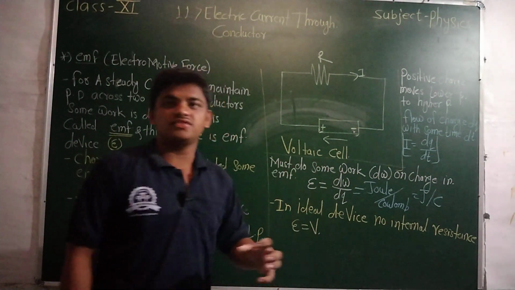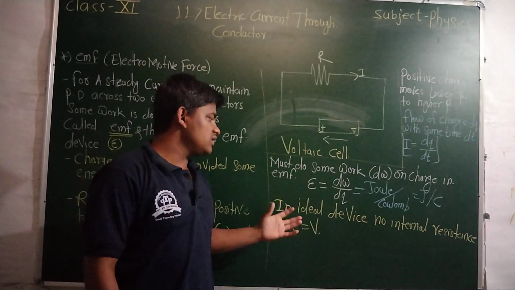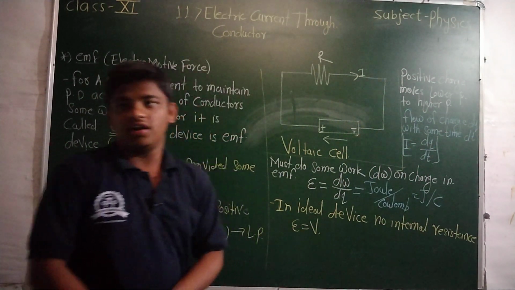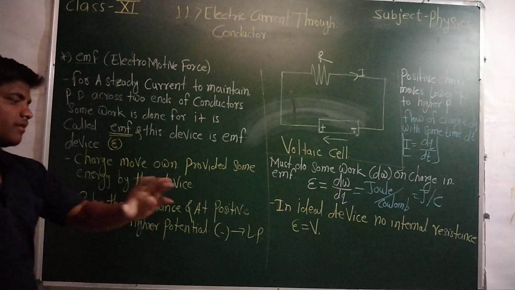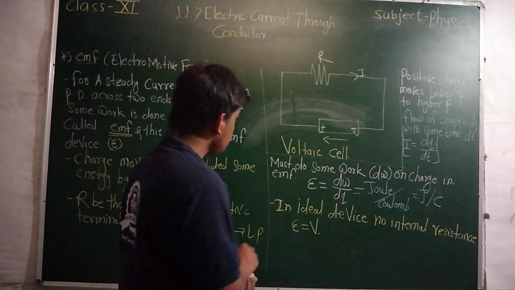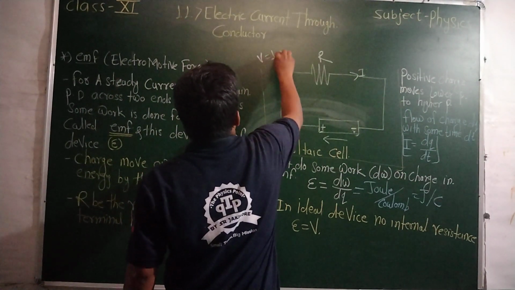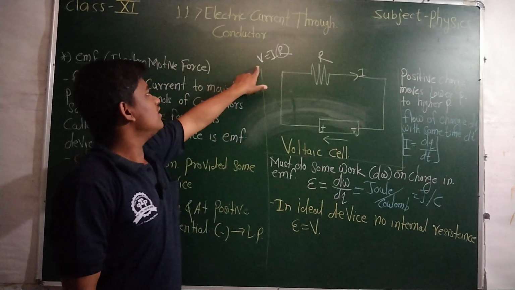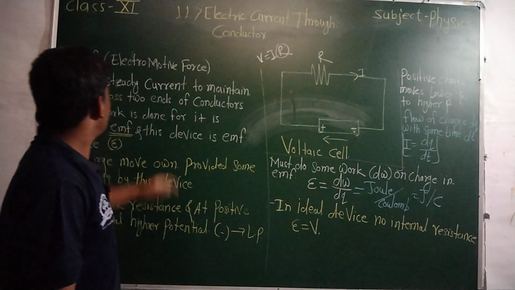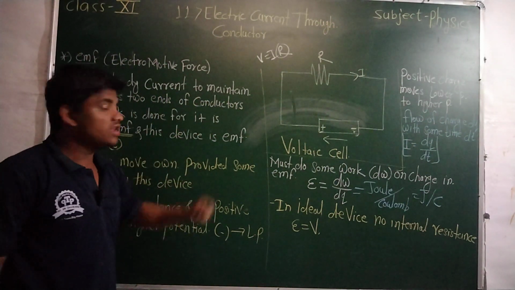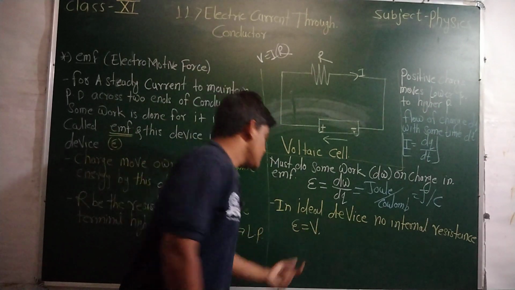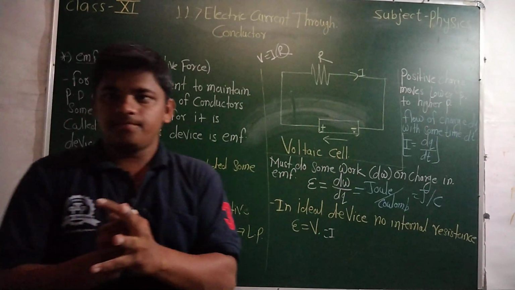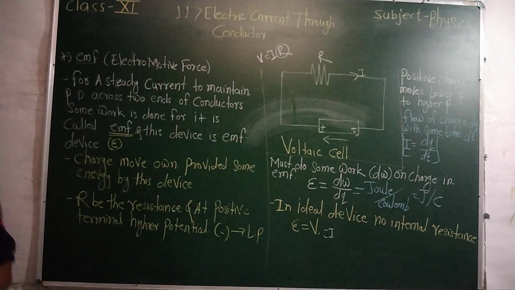But in a real device, this is the ideal device with no internal resistance, so EMF is equal to the potential difference. When the current is steady, the same current flows, and applying the law V is equal to I into R, when resistance is absent, the potential difference is equal to the current.